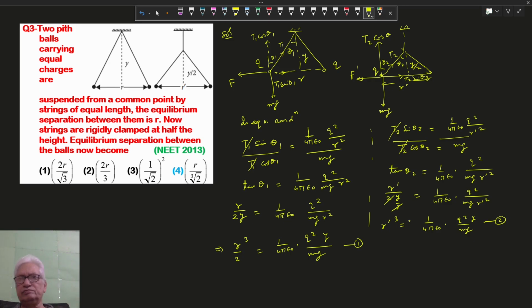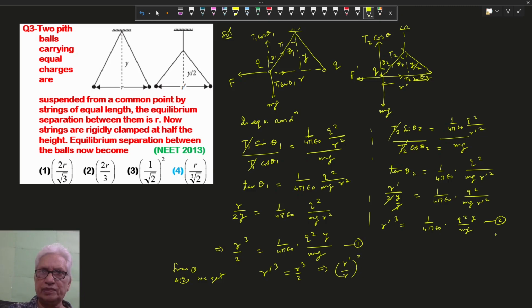In equation 2, the right hand side is equal, so the left hand side will also be equal. Equating the left hand sides from equations 1 and 2, we get r dash cube equals r cube by 2, or r dash upon r whole cube is 1 by 2, or r dash upon r is 1 by 2 to the power 1 by 3.